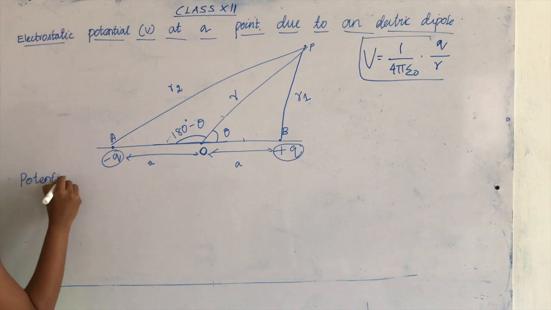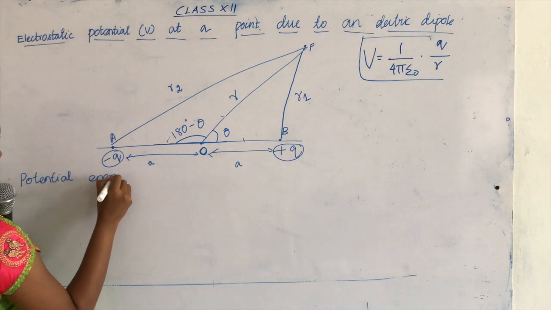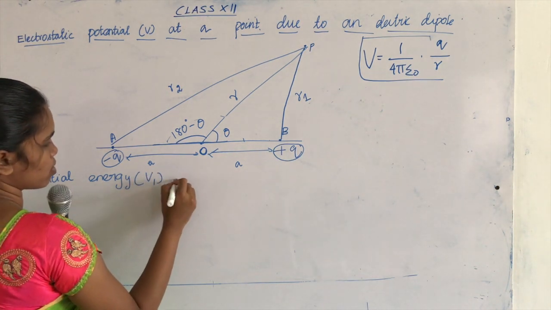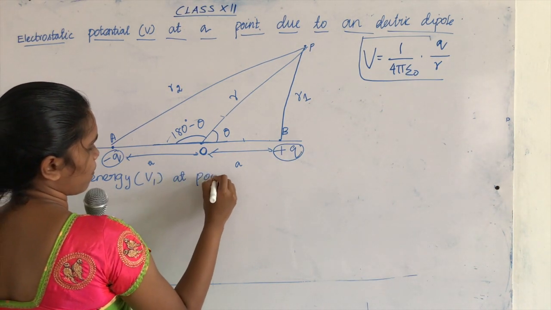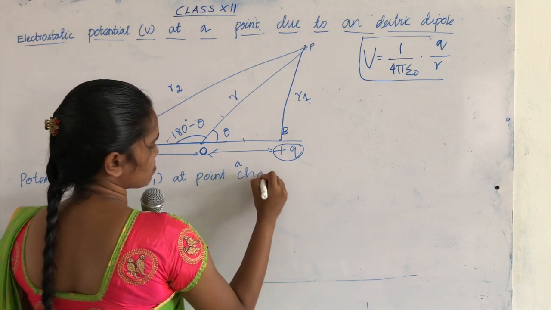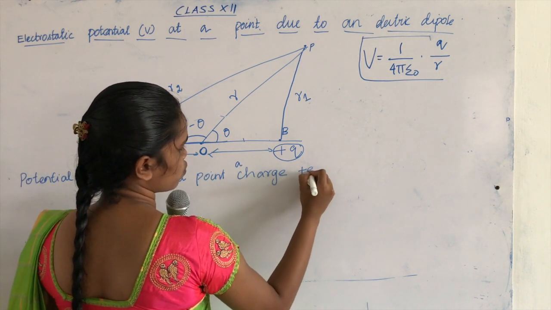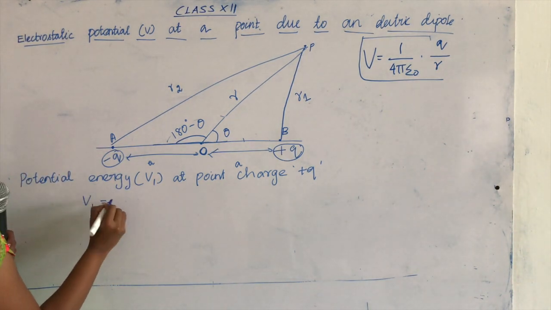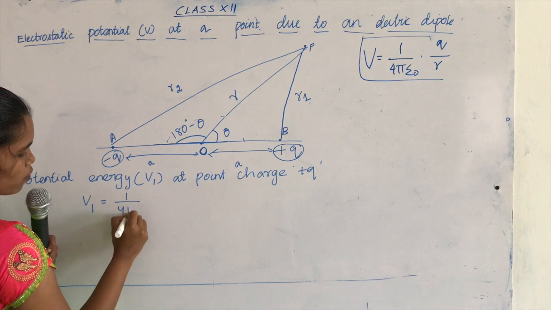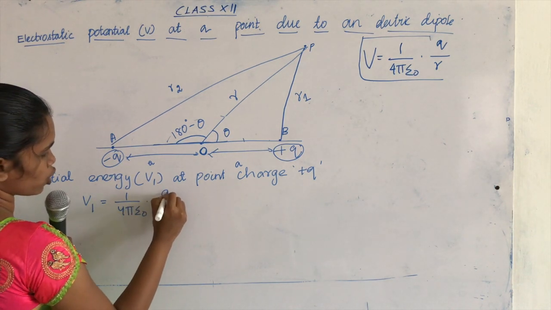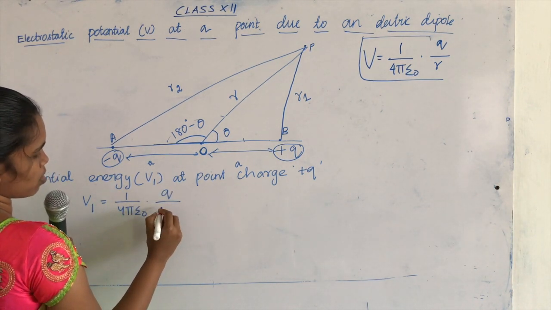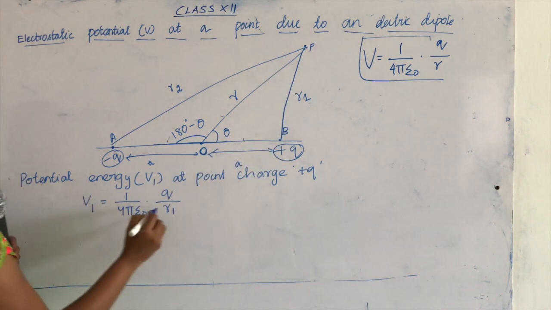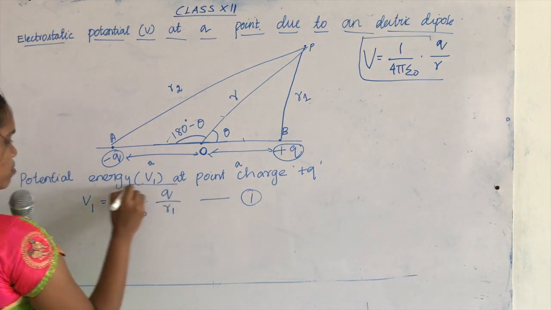Potential V1 at point charge plus Q. V1 equal to 1 by 4 pi epsilon 0 Q by R1. This is equation 1.